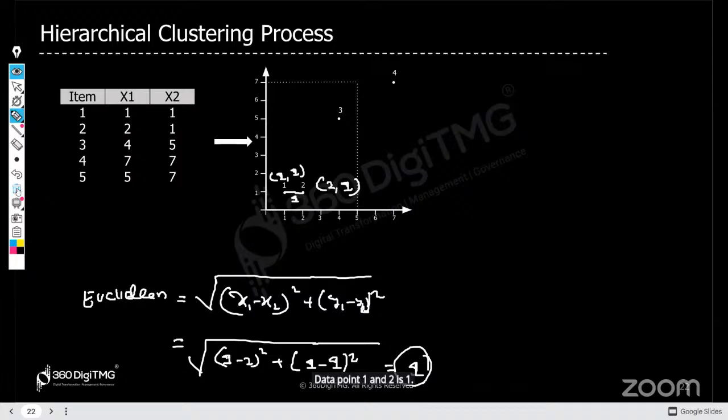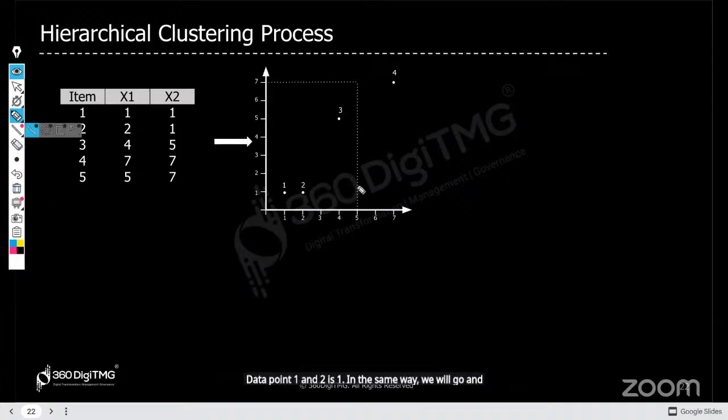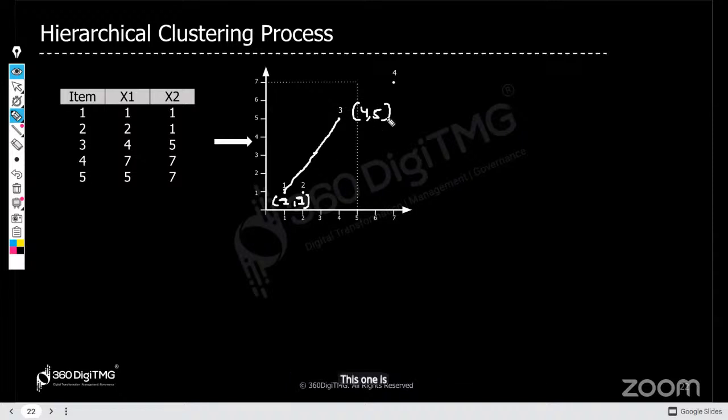In the same way, we will find the distance from 1 to 3. To find it, we need to know this is 1, comma 1, and this is 4, comma 5.